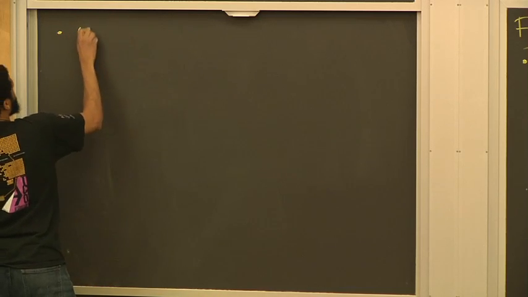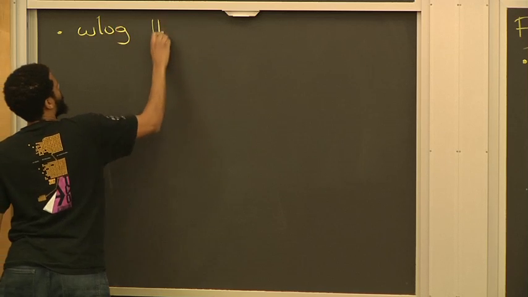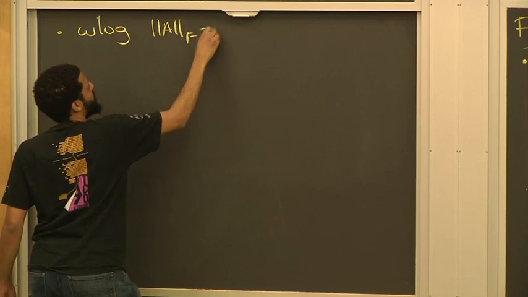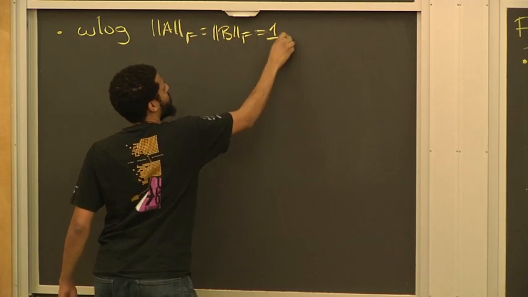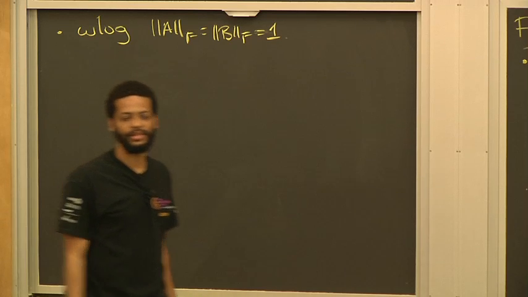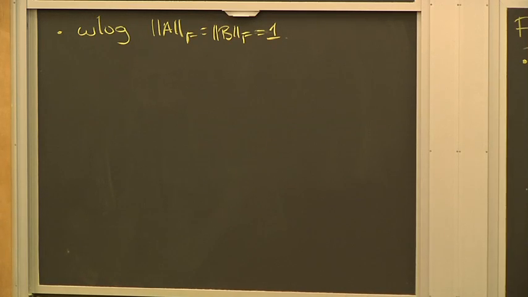First, without loss of generality, the Frobenius norm of A equals the Frobenius norm of B equals 1. You could just pretend that A was A over its Frobenius norm and B was B over its Frobenius norm, and since pi is linear, you can put the scaling back at the end.